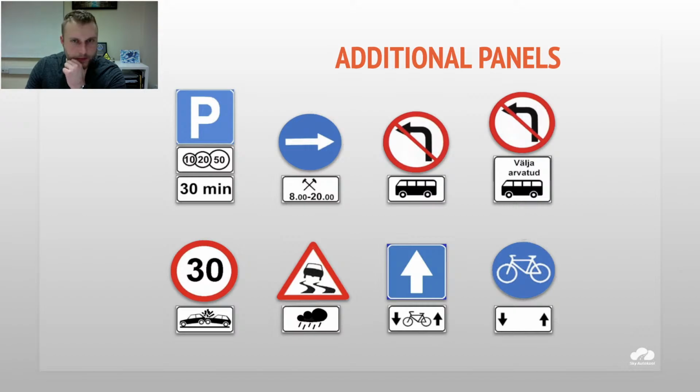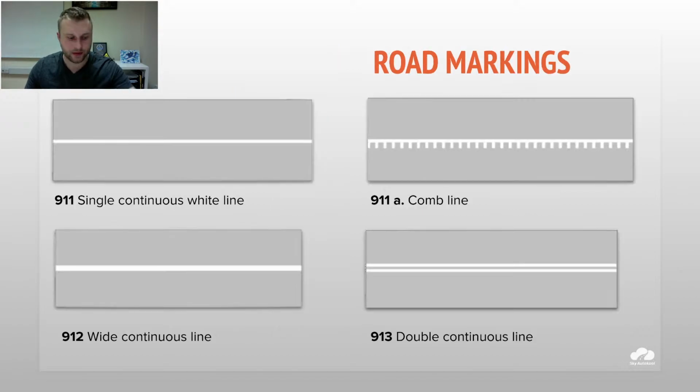Okay, so maybe we can start with the road markings. So obviously we have different types of lines, markings and so on.